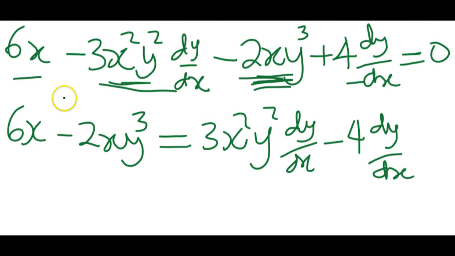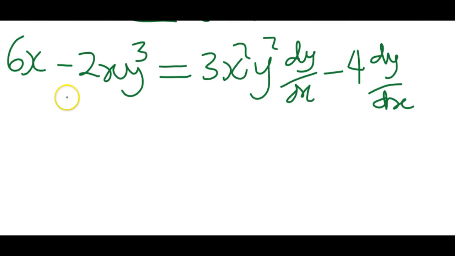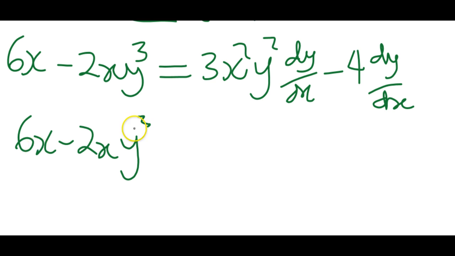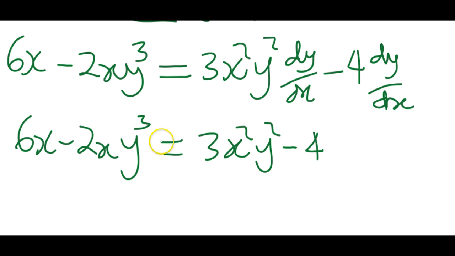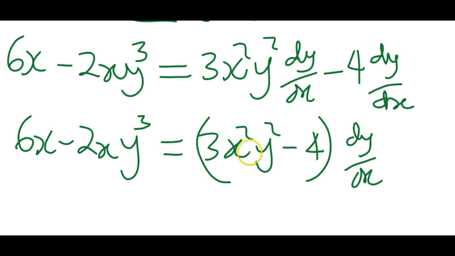A little bit more to simplify this. So what will happen here? I can now say 6x minus 2xy cubed, and factor this out, minus 4, then my dy/dx.